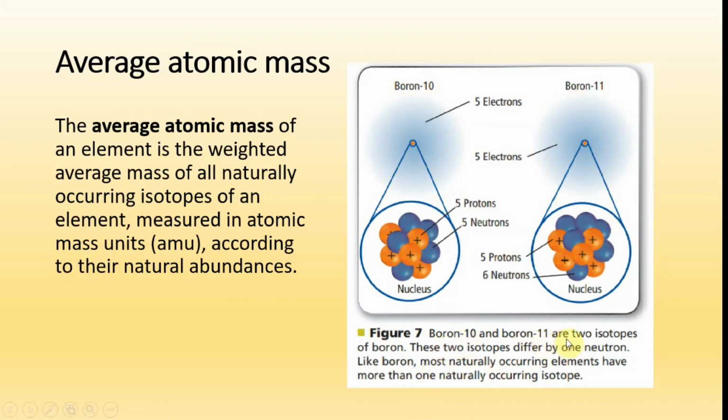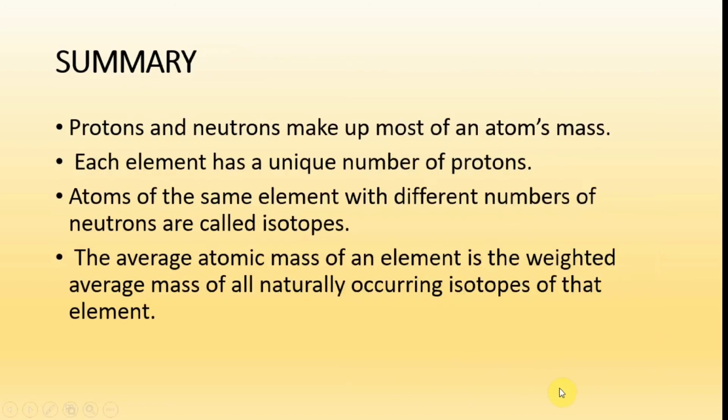Boron 10 and boron 11 are two isotopes of boron. These two isotopes differ by one neutron. That's why one has 10 and the other 11. Like boron, most naturally occurring elements have more than one naturally occurring isotope.